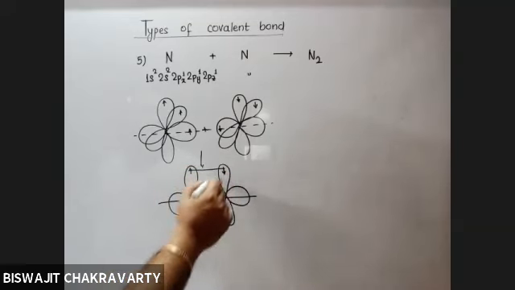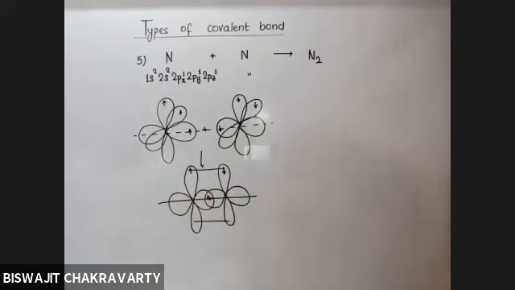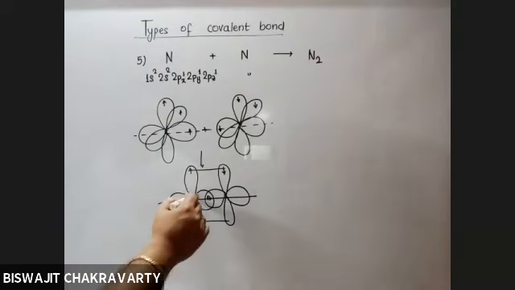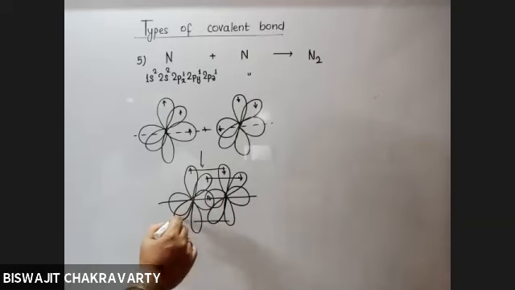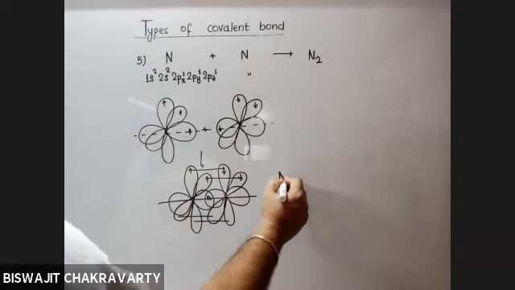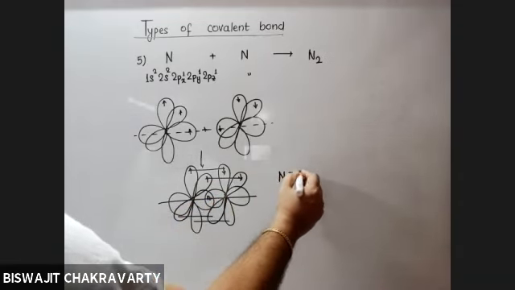So they will do sidewise overlapping. The last pair also will form pi bond because that also contains a pair of unpaired electrons. So accordingly, nitrogen is triply bonded with another nitrogen.